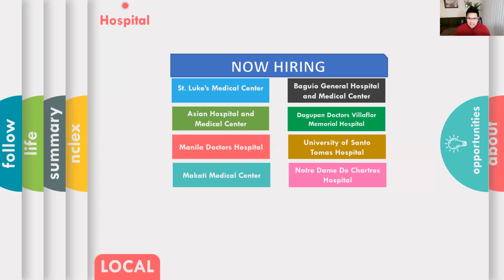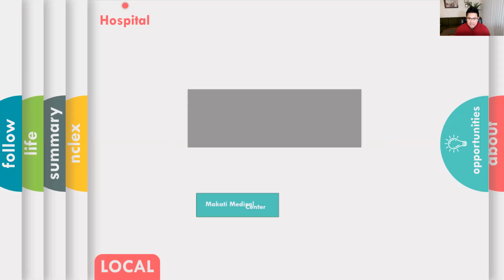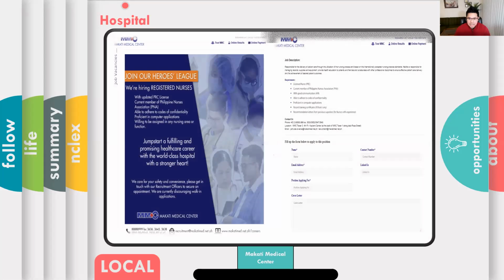And we also have the MMC, or the Makati Medical Center. According to my friends there in MMC, they don't really need experience for you to apply to their hospital.